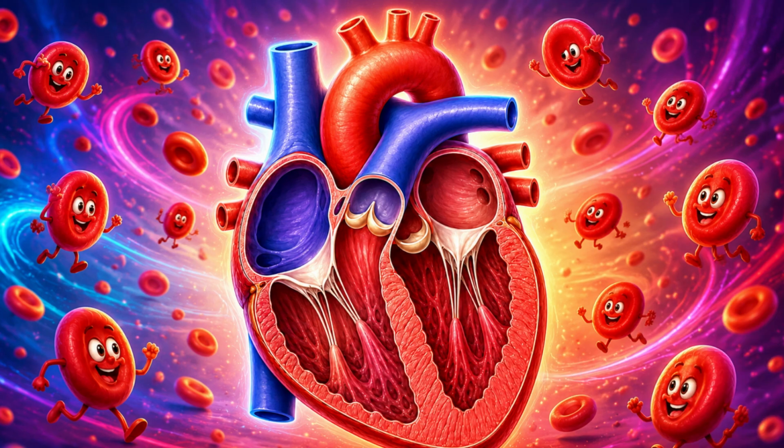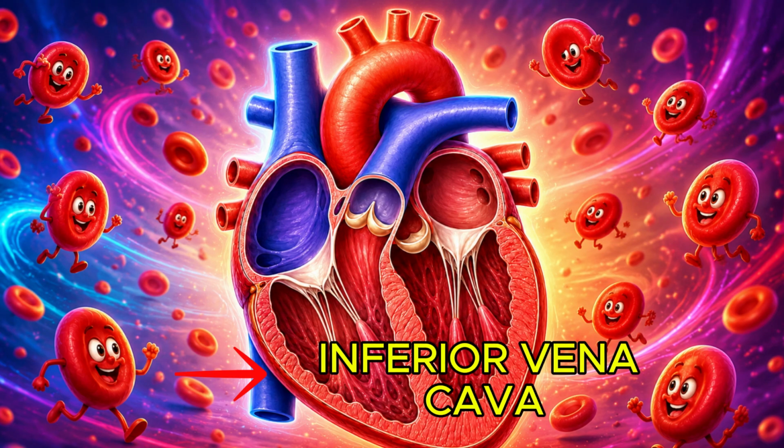So the superior vena cava carries deoxygenated blood. Now, the inferior vena cava, this big vein, collects blood from below the heart and brings it towards the heart. Everything else remains the same as the superior vena cava.